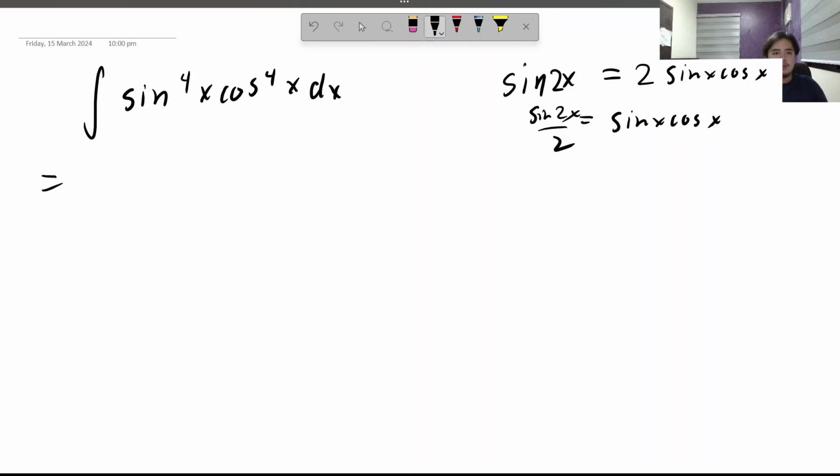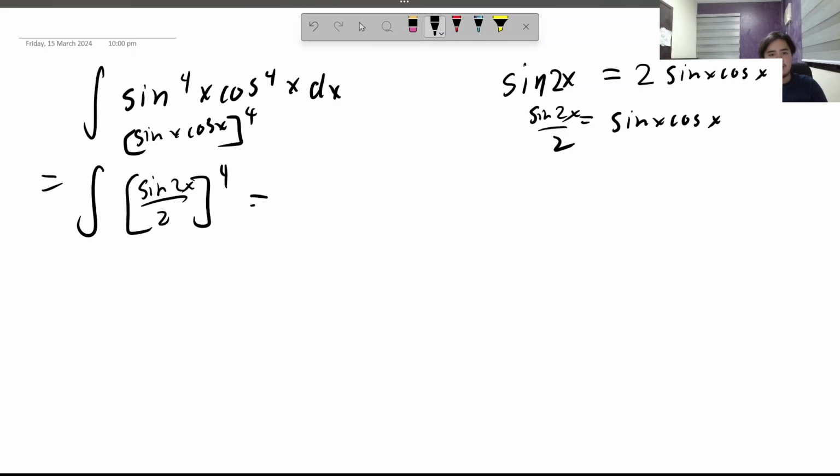Alright? We know this is sine x cosine x both to the power of 4. This distributed, so this becomes sine 2x over 2 to the power of 4. We can bring the 2 to the outside, but there's power 4, so 1/2 to the power 4 is 1 over 16. Then the integral of sine to the power 4 of 2x dx.